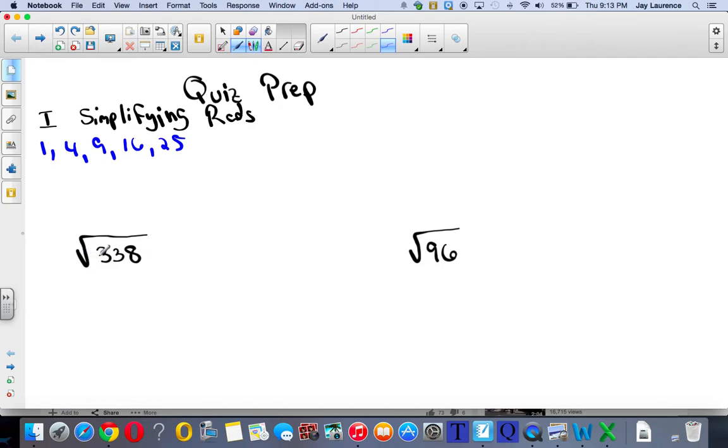So I'm trying to simplify the rad 338. I'm going to go pretty high, but I don't have to go all the way to 20 squared or 400.